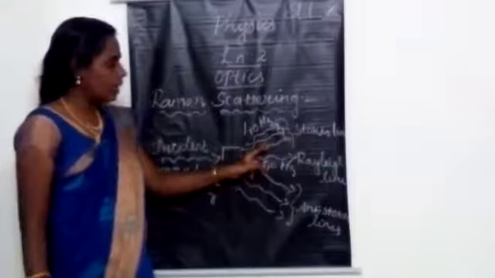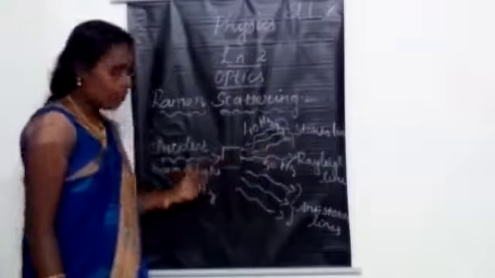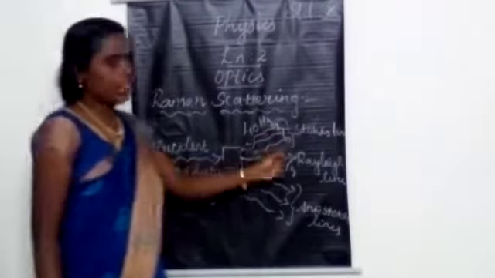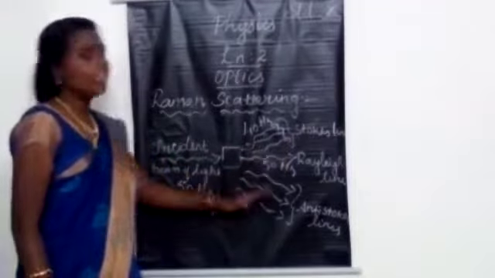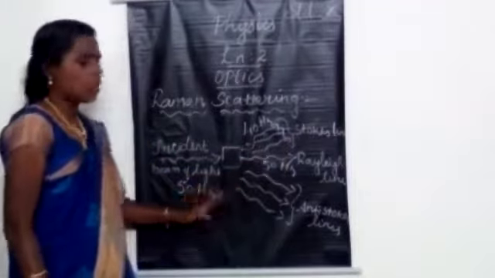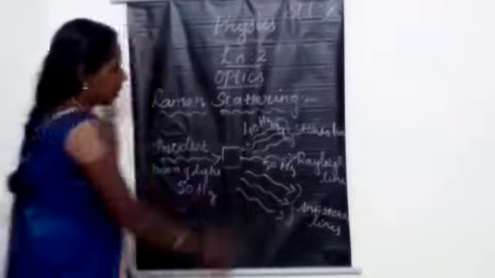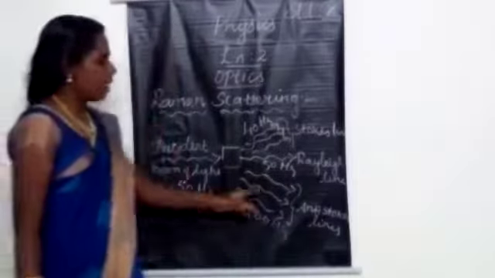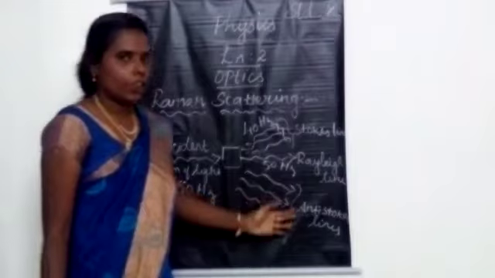The frequency lower than that of the incident beam of light is called the Stokes lines, and the frequency higher than that of the incident light is called the anti-Stokes lines. Here maybe the frequency is 100 Hz or more than that, more than 50 Hz. That line is called the anti-Stokes lines.